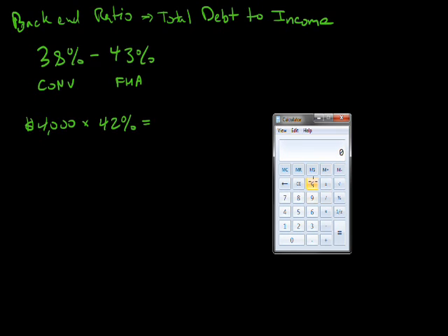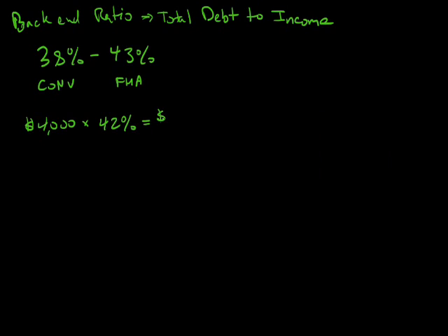So let's clear the calculator. It's $4,000 times 42%, and we're looking at $1,680. Let's put that here on this side. So what is included in here? What's included is the housing payment, which we determined previously from the housing ratio or front end ratio, but it also includes anything you have on credit.